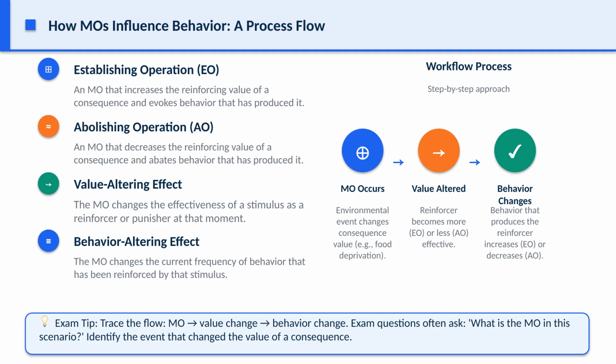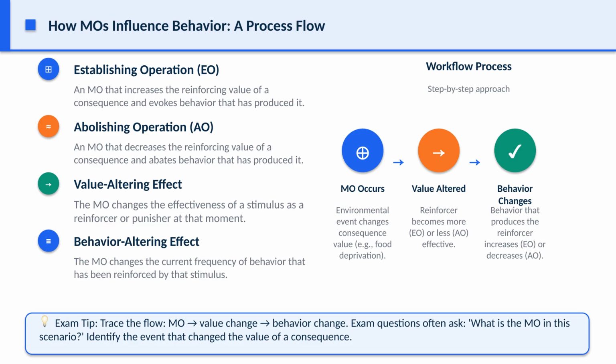Let's walk through the process flow of how motivating operations influence behavior, because this is a high-yield concept for the BCBA exam. An establishing operation, or EO, does 2 things simultaneously. It increases the reinforcing value of a specific consequence, and it evokes the behavior that has historically produced that consequence.